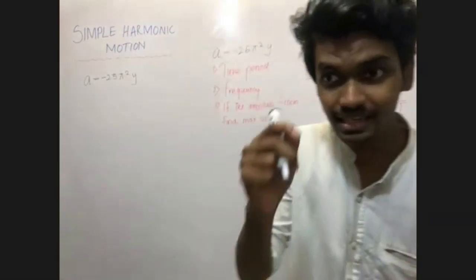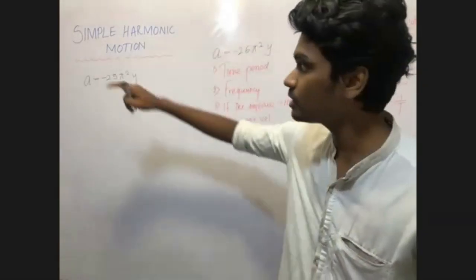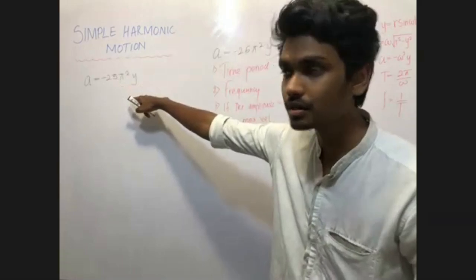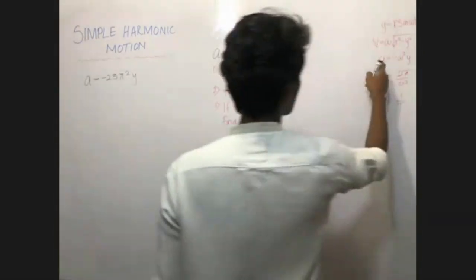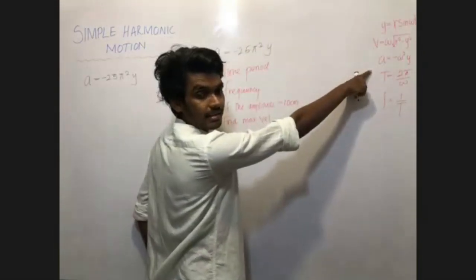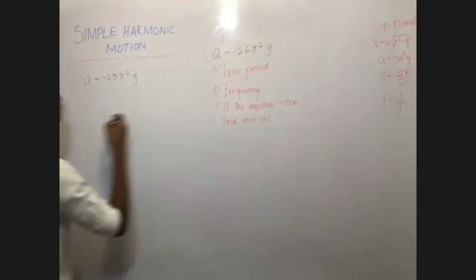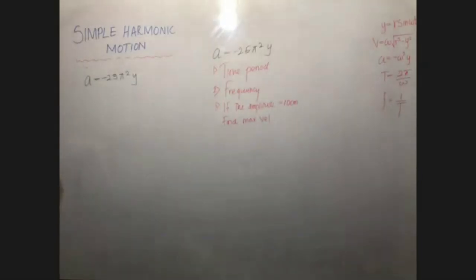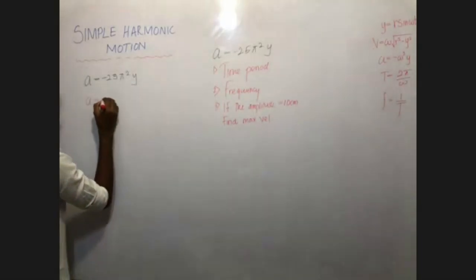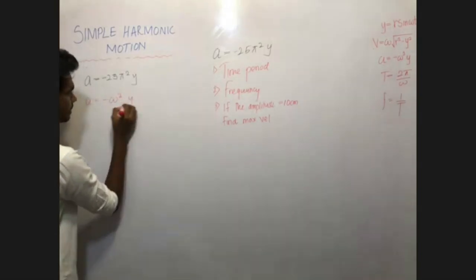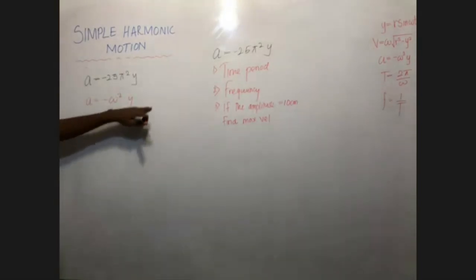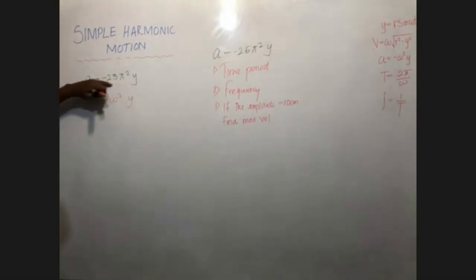What is the characteristic equation for the acceleration of a simple harmonic motion? a is equal to minus omega squared y.